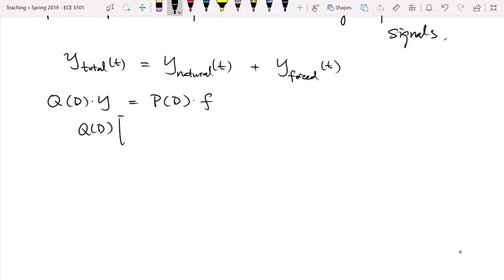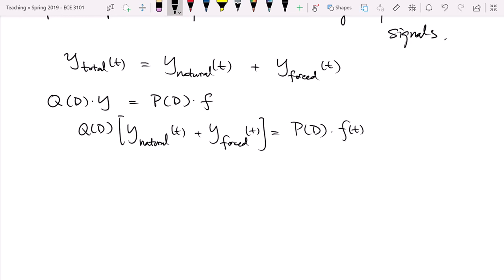Q(D) y natural of t plus y forced of t equal to P(D), the P polynomial with the differentiation operator, times f of t, your input. And f of t will be an everlasting signal that we'll discuss later.